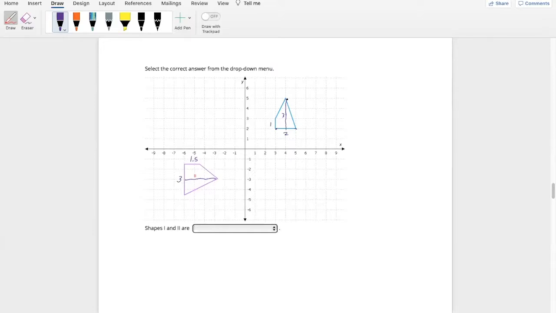It should be a little bit taller to be similar. So this one we can say is neither congruent. They're definitely not the exact same shape. And they're also not similar. So they're neither congruent nor similar.